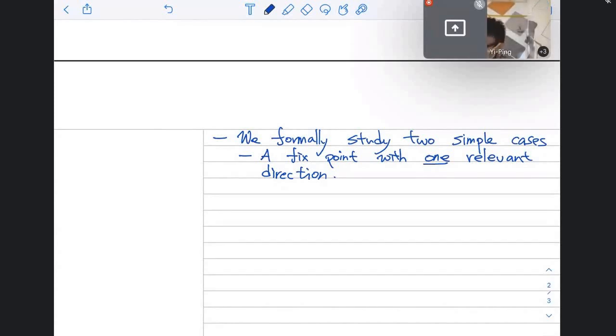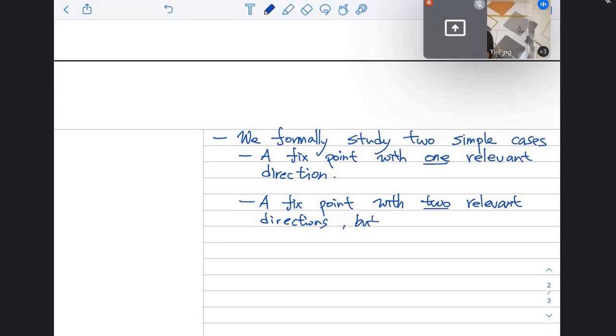And we also consider another simple case: a fixed point with two relevant directions, but they don't couple with each other.